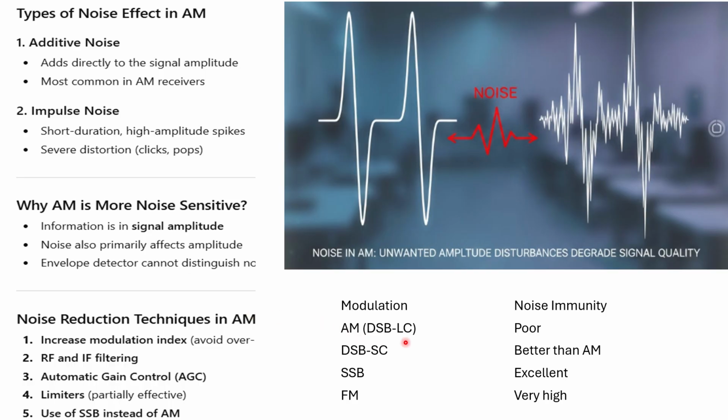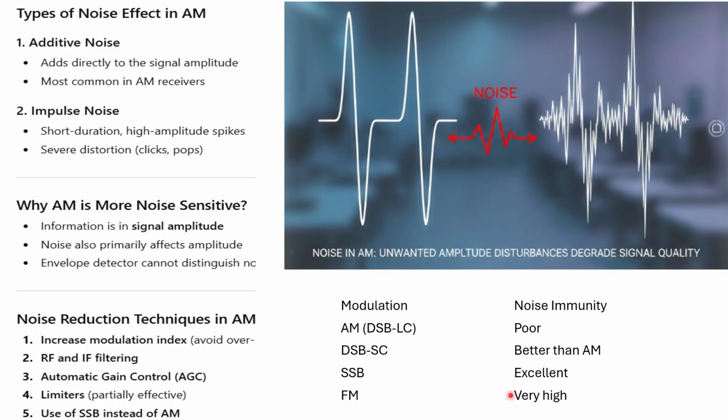For DSBSC, noise immunity is very poor, though a little bit better than AM. Why? Because the carrier is suppressed and not present. That's why SSB is excellent, because you are going to send only a particular type of information. Only a single sideband, either the upper or lower sideband, so it has the advantage.